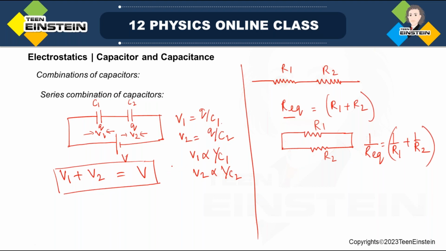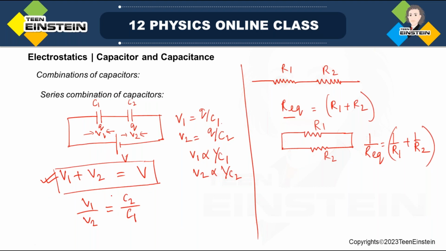That means the potential will be distributed in the inverse ratio of their capacitance. So V1 by V2, I can write as C2 by C1. All right, this is fine. This key concept we will take from here.